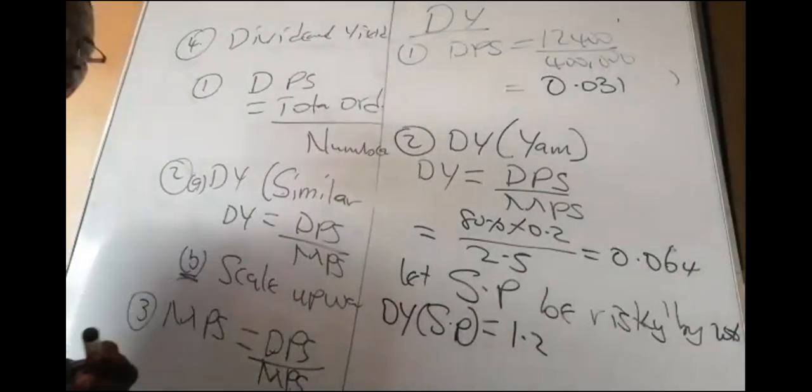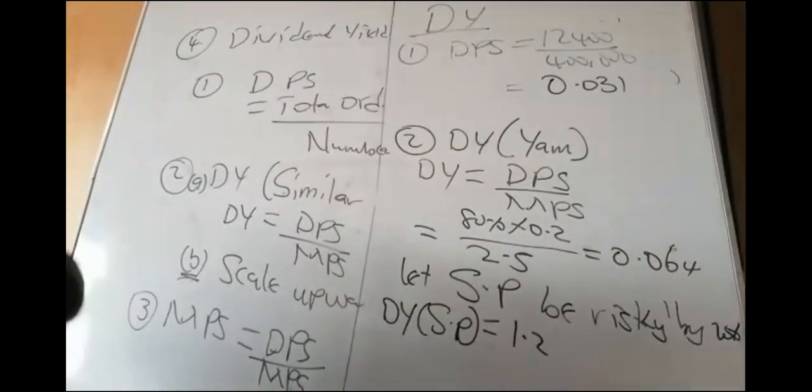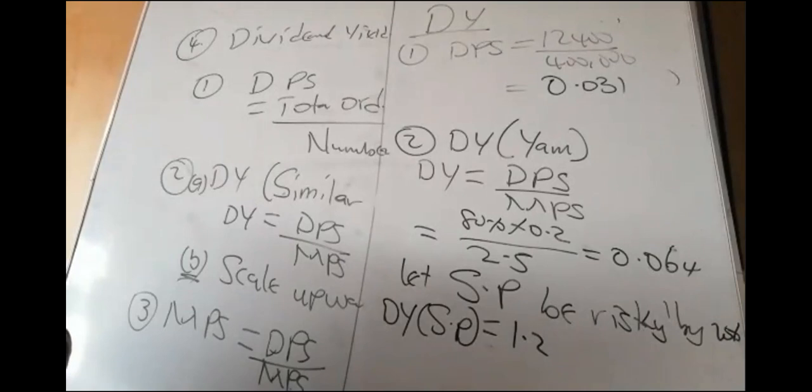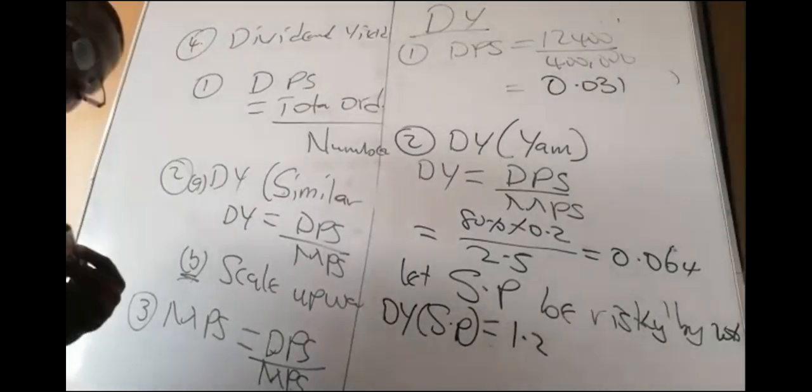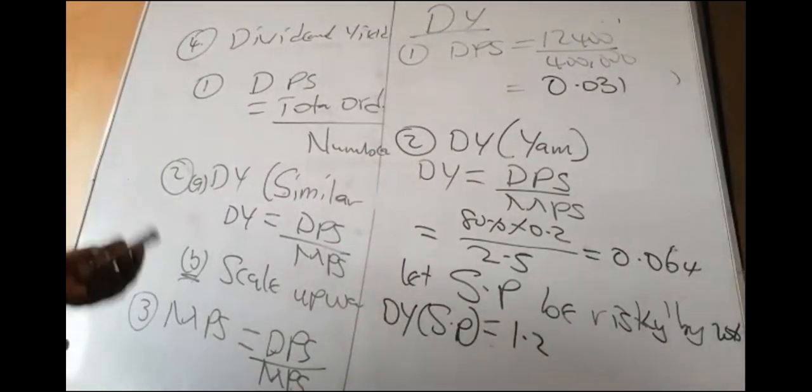So it has to be a ringing tone. Before you enter into the exam, be singing it. All the earnings yield you scale up, P/E ratio scale down, up and down, up and down.